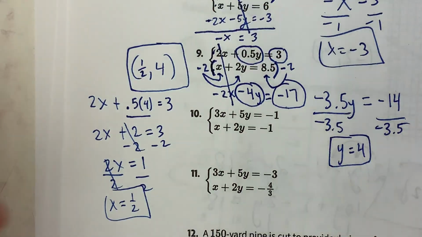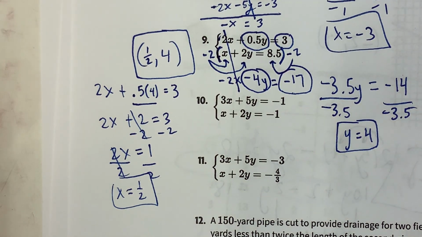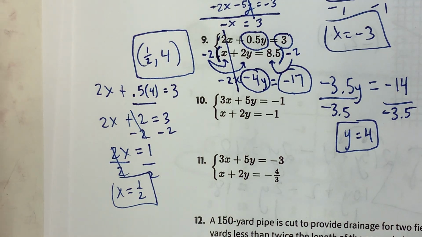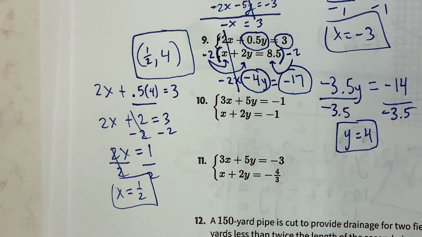I think I spare you on the test from fractions like that. But it's important that you know how to do it. What are the steps? Do you know how to change the equations so that you can cancel something? Do you know what needs to be canceled?